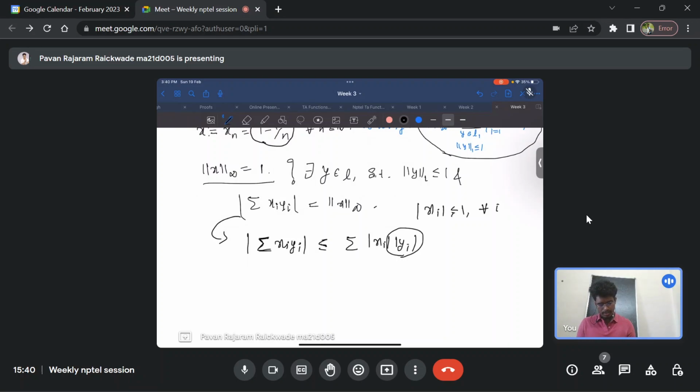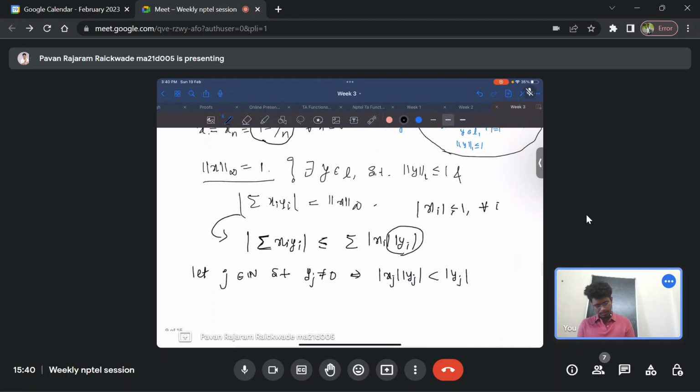So for that particular j, let j belong to the natural numbers such that yj is non-zero, which implies modulus of xj yj is strictly less than mod yj. Strictly less than.